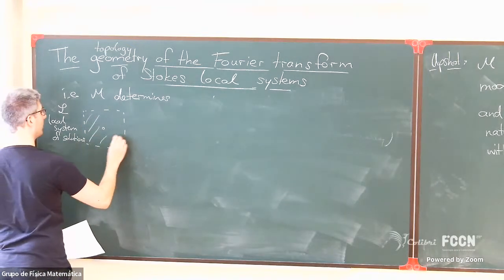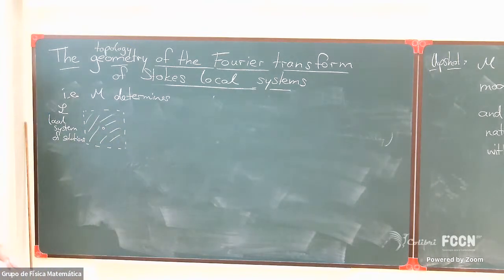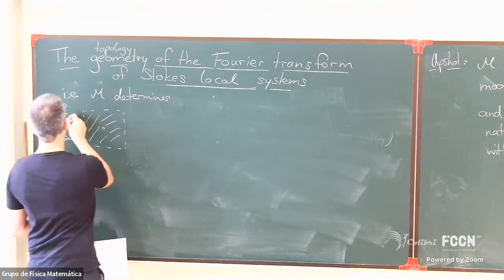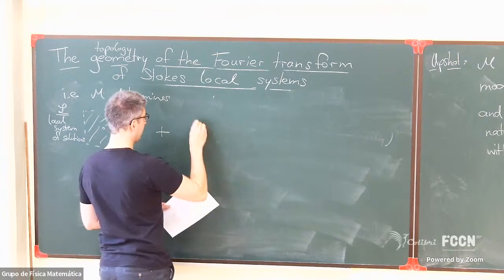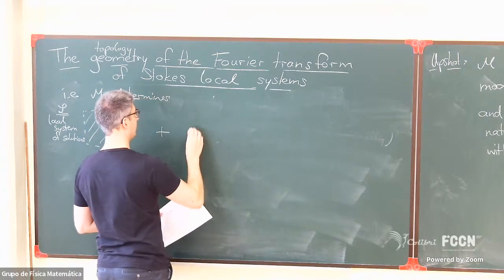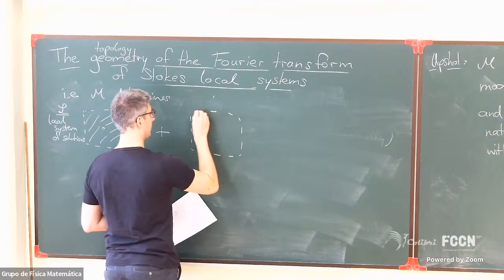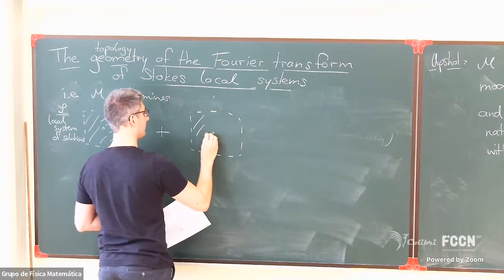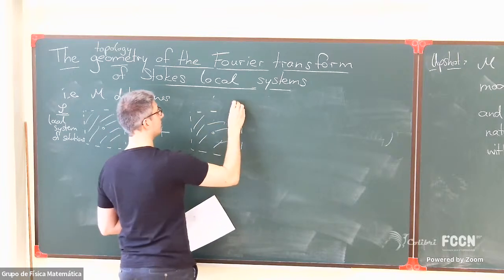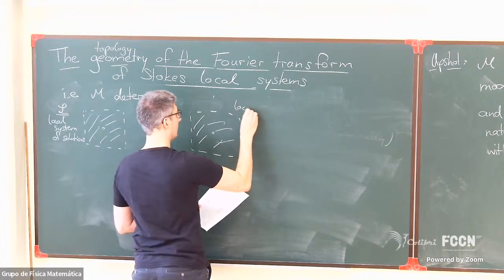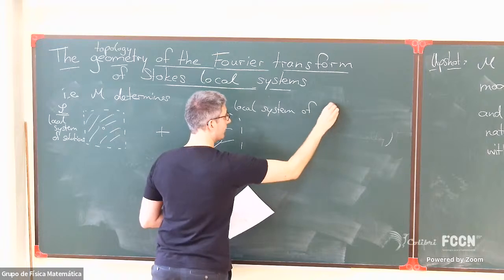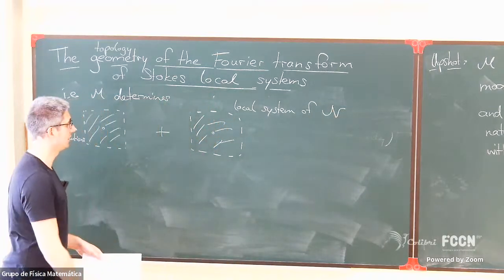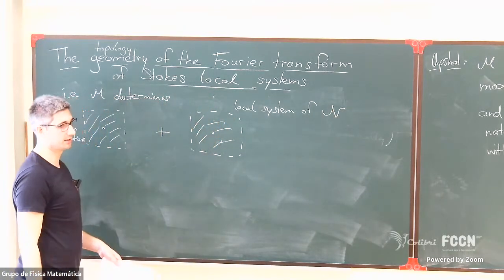Okay, so a local system on the punctured disk. It also determines the local system of its formal model, which is also a local system on the punctured disk.